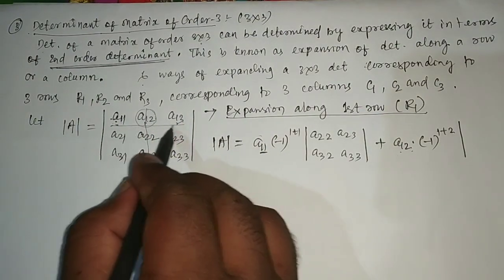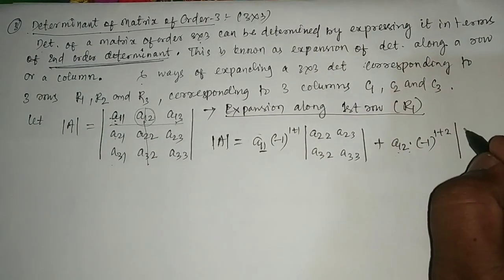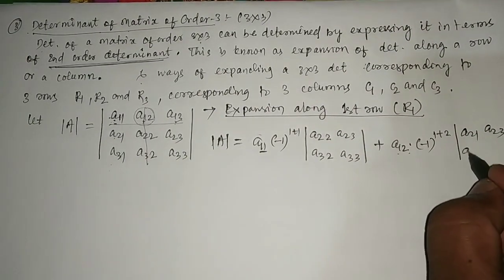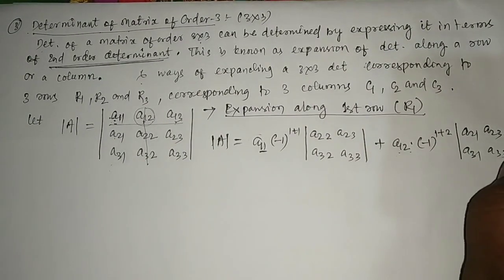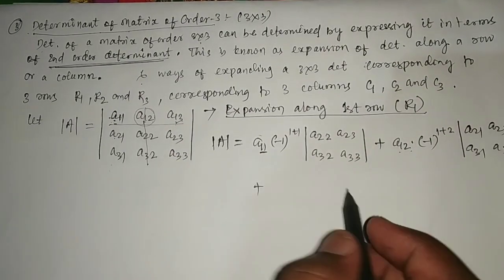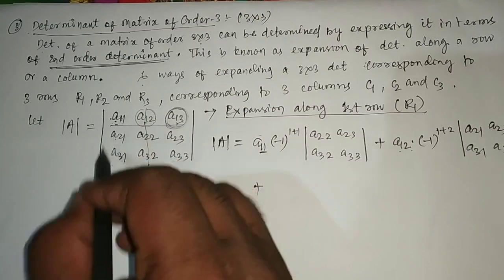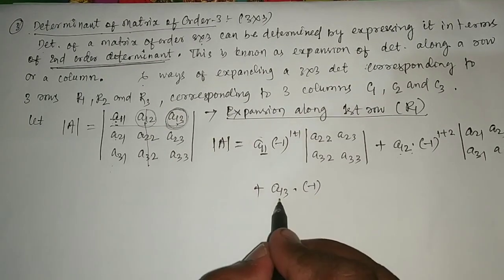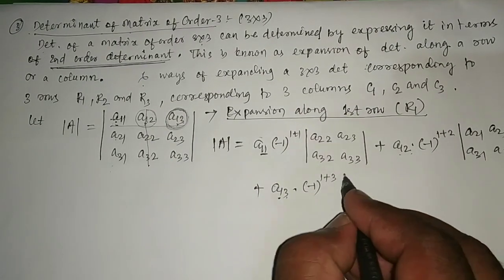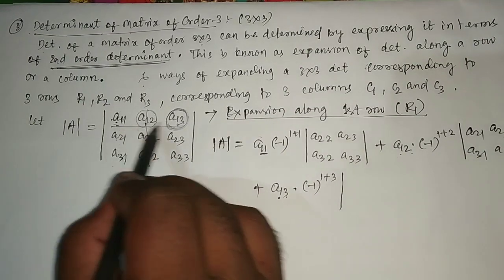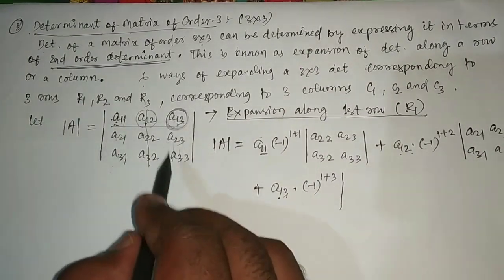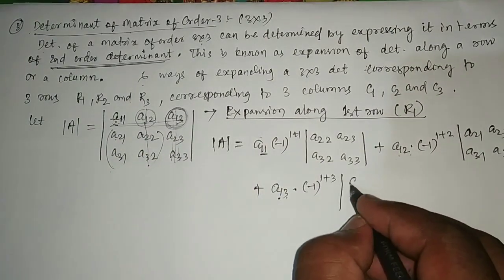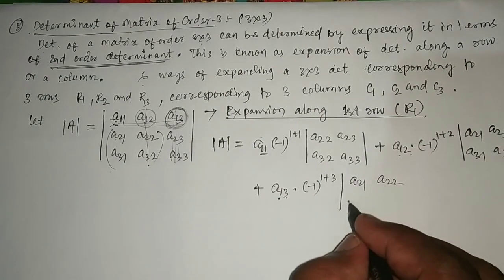Eliminating the second column and first row, we get a sub square matrix A21, A23, similarly A31, A33, plus, this is the last element of the first row, A13 multiplied with minus 1 to the power of the sum of suffixes 1 plus 3 multiplied with the remaining elements by deleting the first row and third column. Deleting the first row and third column, the remaining elements A21, A22, A31, A32.